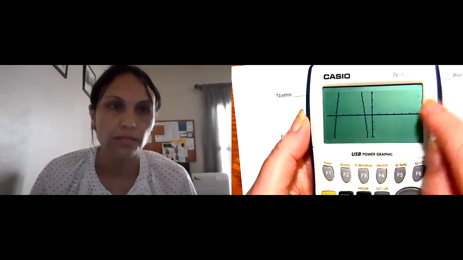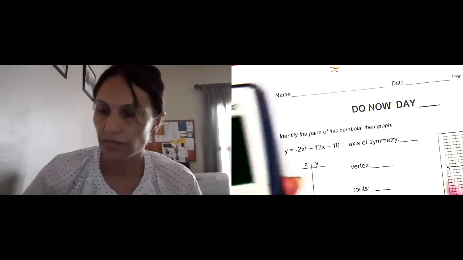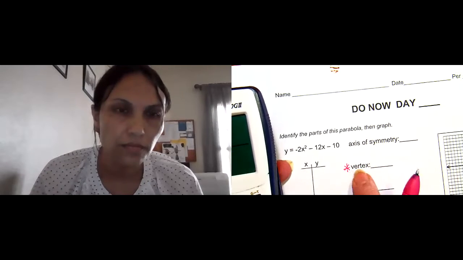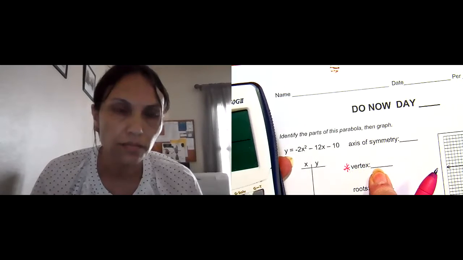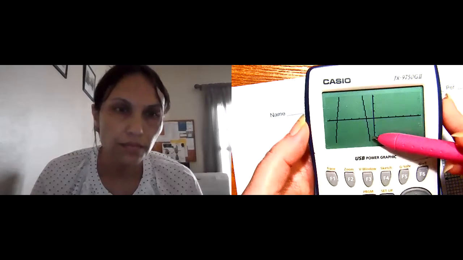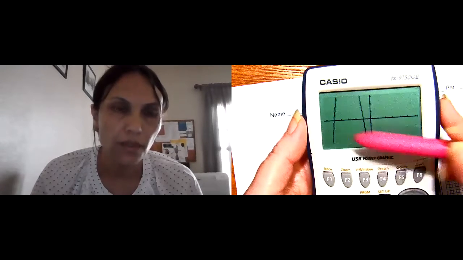So when we're working from the Casio calculator, usually the first thing that we're going to do is find the vertex. And to find the vertex, we need to know if it's a max or min. So max.